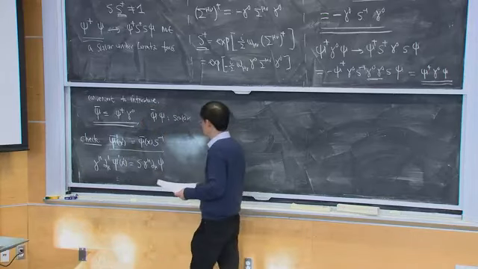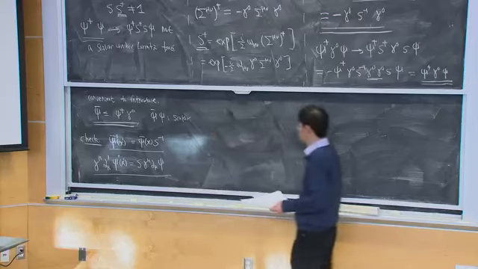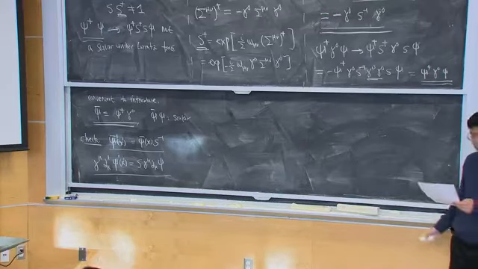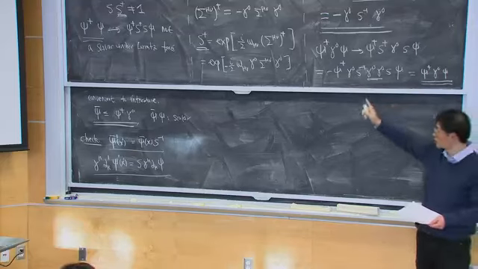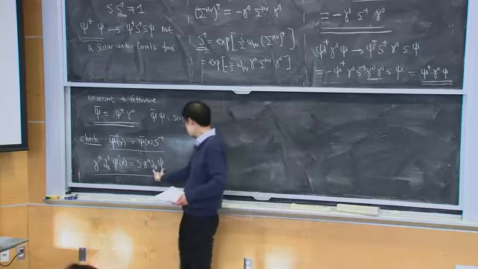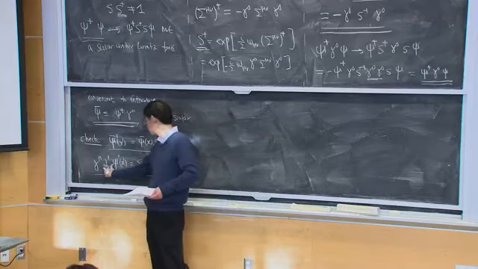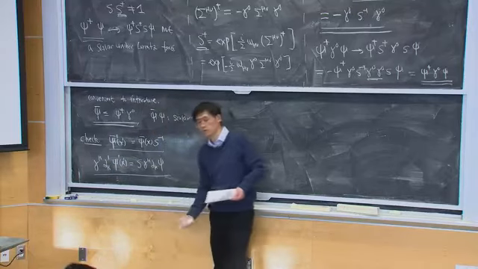You can also check this equation yourself. You don't need to use the properties of S dagger here. Just use how partial mu transforms and how psi transforms, and then you can show this is true.